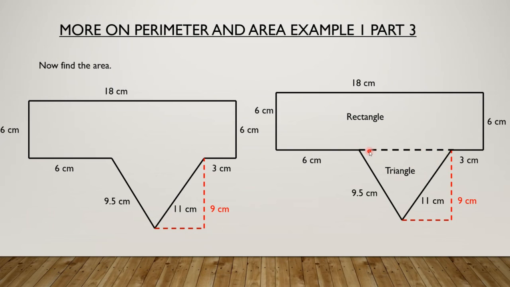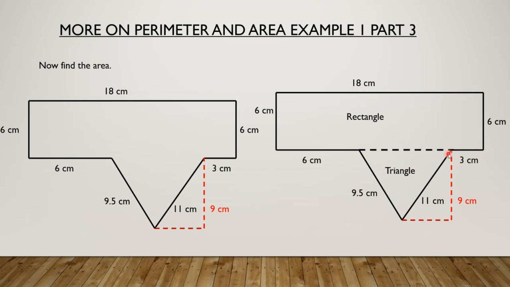Now, how would you get that? Well, 1 second, let me finish, please. How would we get that? Notice this side here is 18 centimeters. So this side has to be 18 centimeters as well, because we have a rectangle. 3 centimeters is accounted for, so is 6. So there's 9 centimeters remaining.